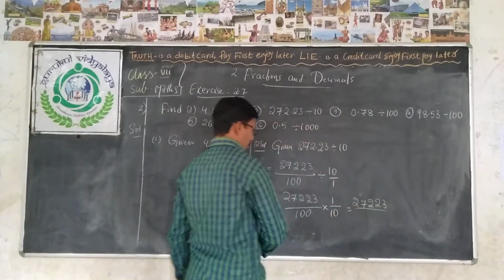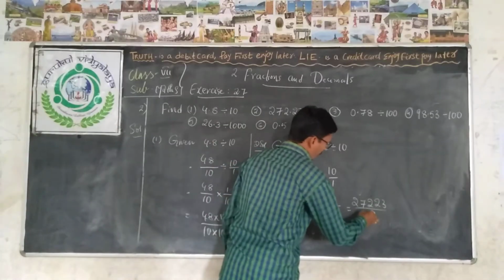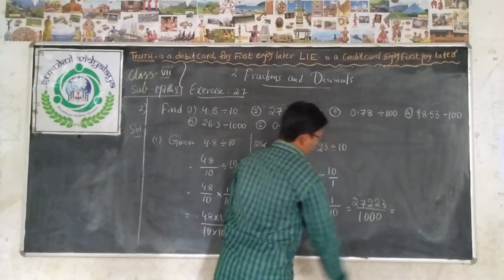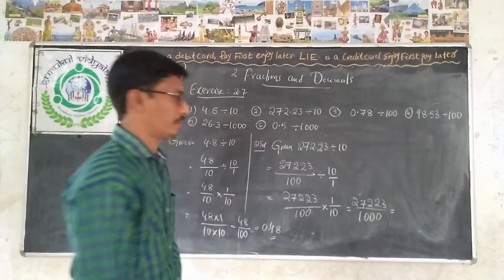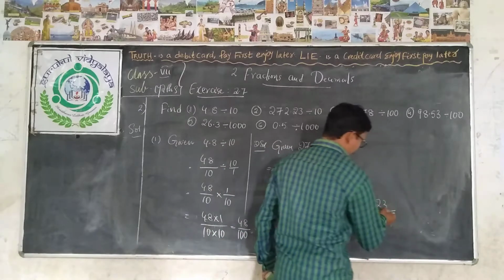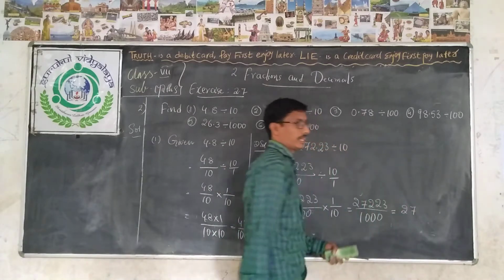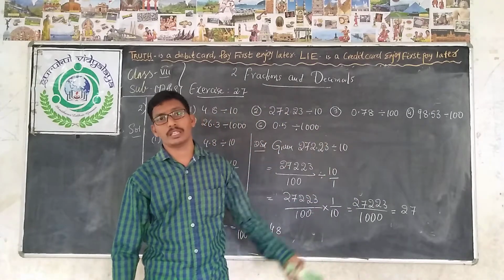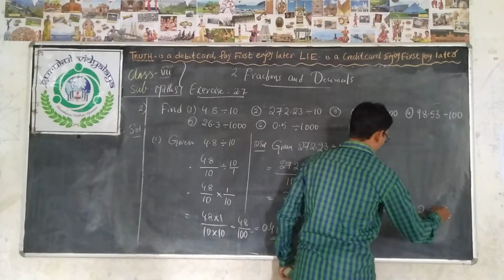The denominators multiplied, 100 into 10, 1000 will be there. So this is the decimal fraction. Now easily convert into decimal form. Totally how many digits are there? 5 digits are there. Already the numerator digits are more than the denominator, so that is sufficient. 27223, write it.